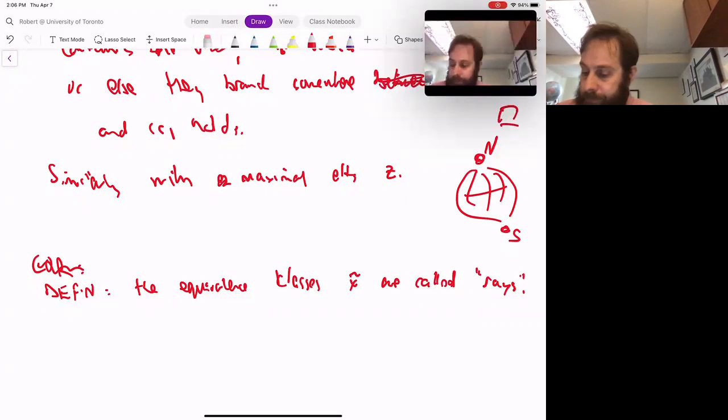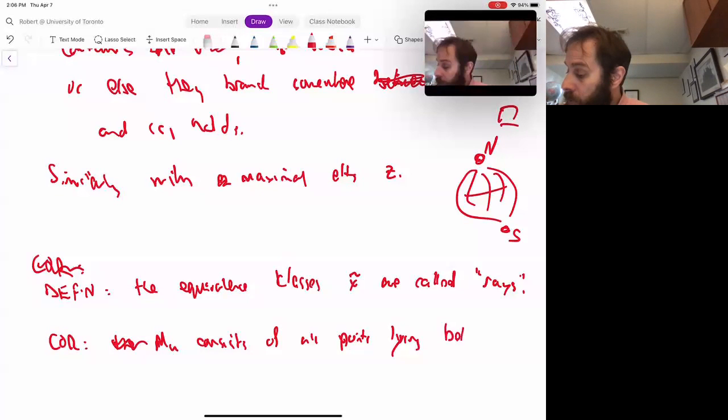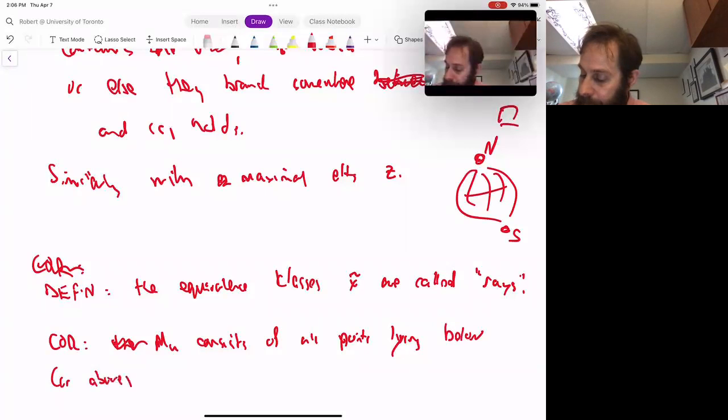And the corollary is that the multiplicity points, mu, consist of all points lying below in the first example, or above, a branch in a geodesic.